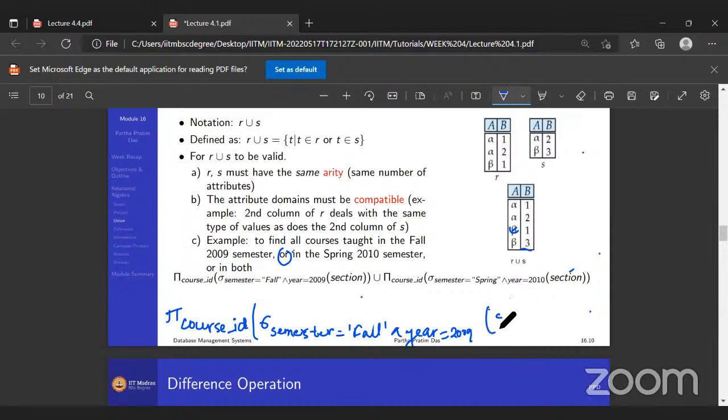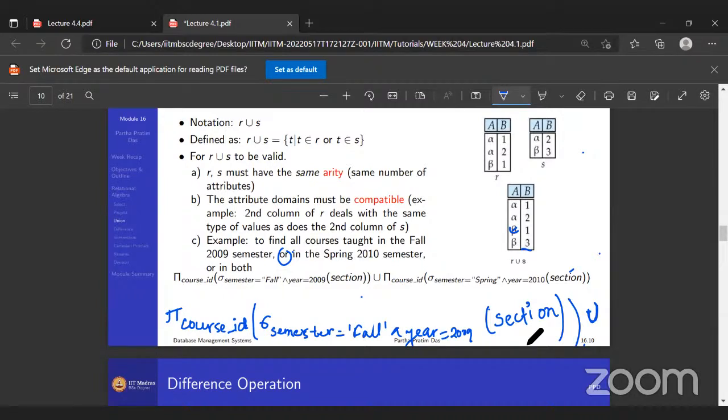That is from the section. How will we know that this year and semester are always in the section? The table is not in the question that will be given to you.